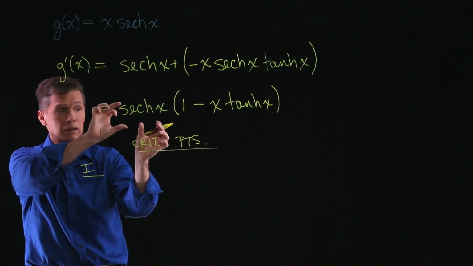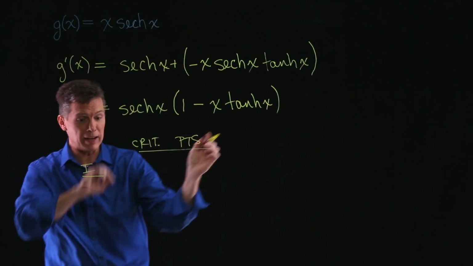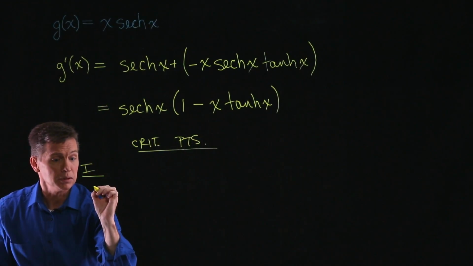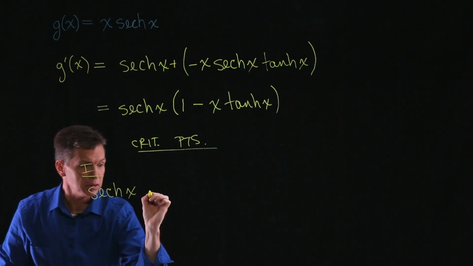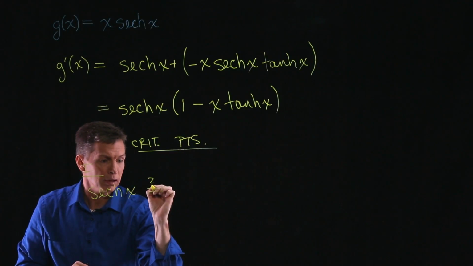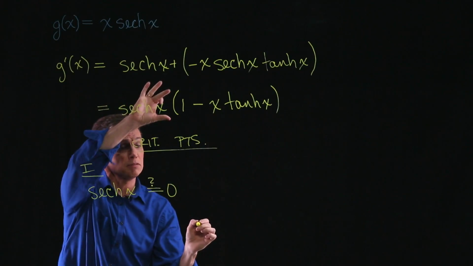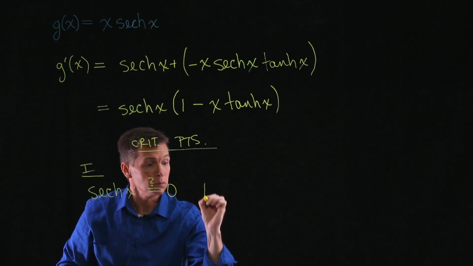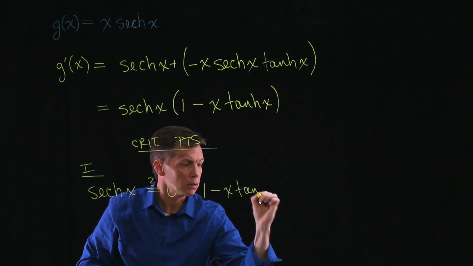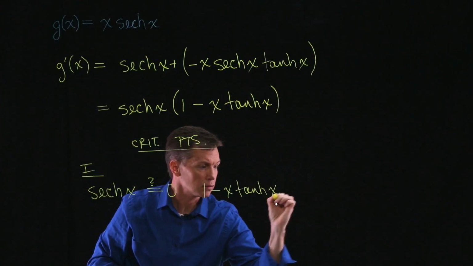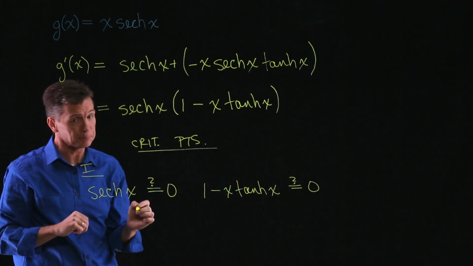That's why I simplified a little bit ago, is with this factoring that we did, I now take each factor and set it equal to 0. So I've got the hyperbolic secant of x. I have to ask myself where that equals 0. And also that second factor in the parentheses, 1 minus x hyperbolic tangent of x. Also ask myself where that equals 0.